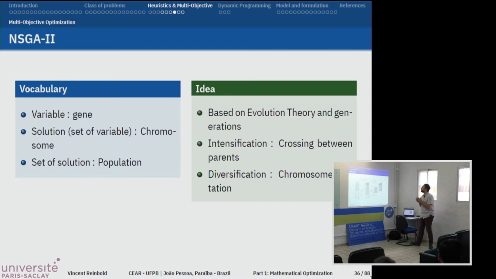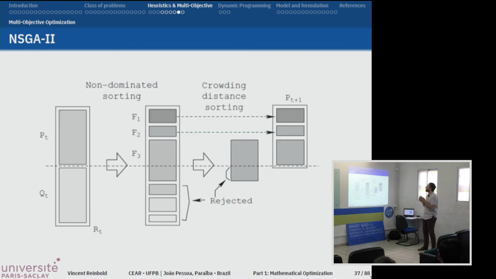So the non-dominated sorted genetic algorithm 2 works like that. There is a first population here. So we take, let's say, 100 possible solutions, okay?